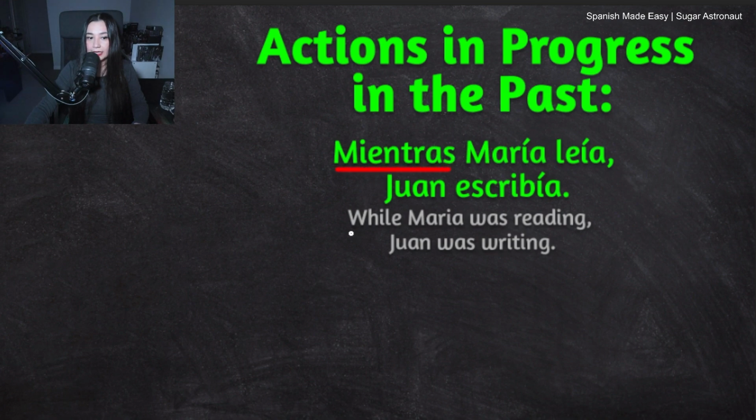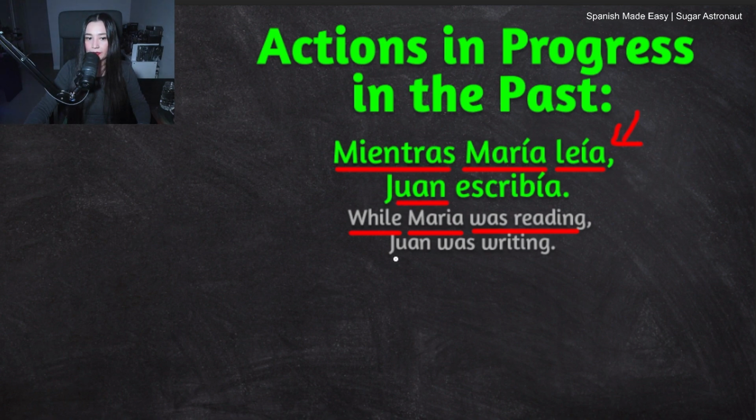Mientras, while María leía, this is the imperfect happening here. Leía, this is from the verb leer, which means to read. So this verb leer is conjugated in the imperfect form, el imperfecto. Let's see what this means. Leía, was reading, okay, was reading.